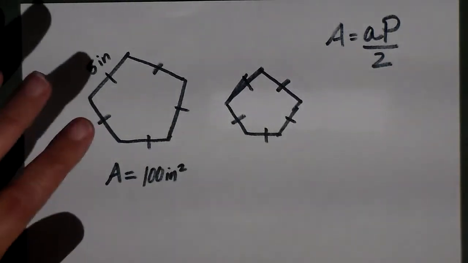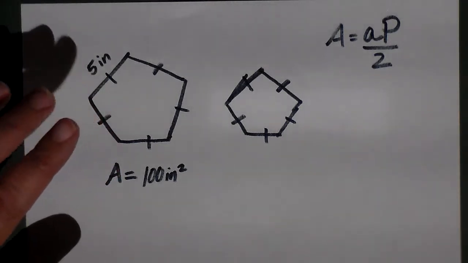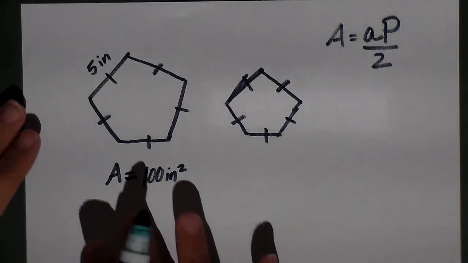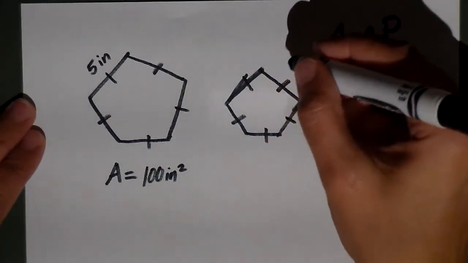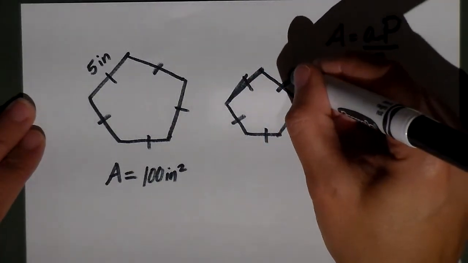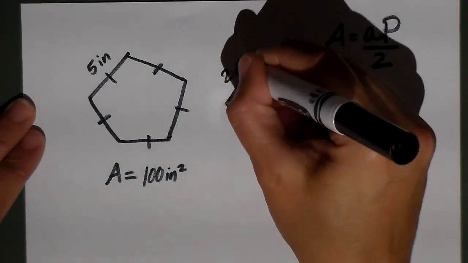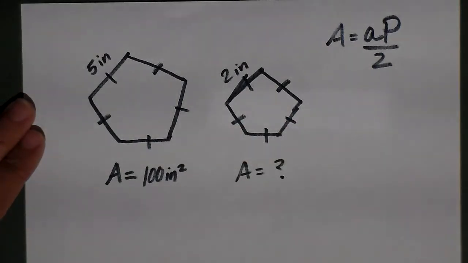And sometimes, if you want to get real picky, this may not be possible with a pentagon like this, because it's all based on angles and everything, but just to make it easy for you, we're going to do this. All right, so we're going to say that that's 100. I'm going to say that this right here is 2 inches. And I'm going to ask you, what's the area?